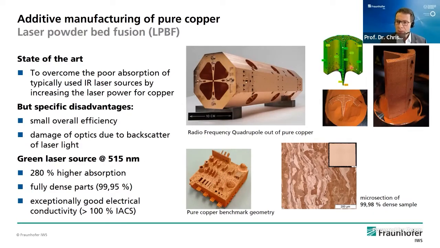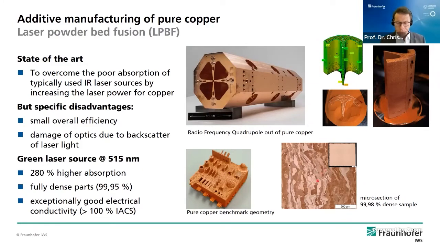And you can see some of the examples of these parts here: highly porous parts made out of copper. Now, the beauty of using green laser sources is we can achieve a much higher absorption, 80%.